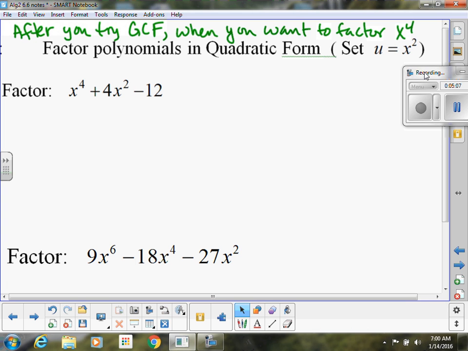So after you've done all the GCF and you still have x to the 4th there, we have a way that we can deal with that, even though we have never really done x to the 4th. So here's how that works.